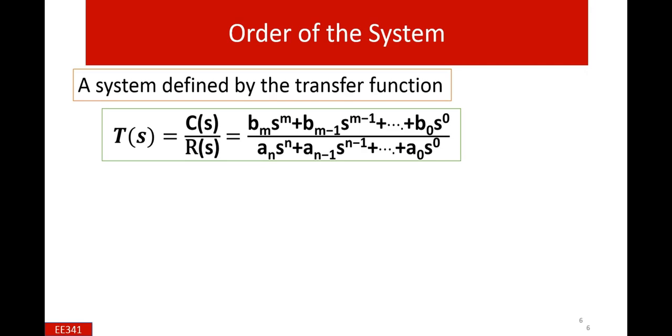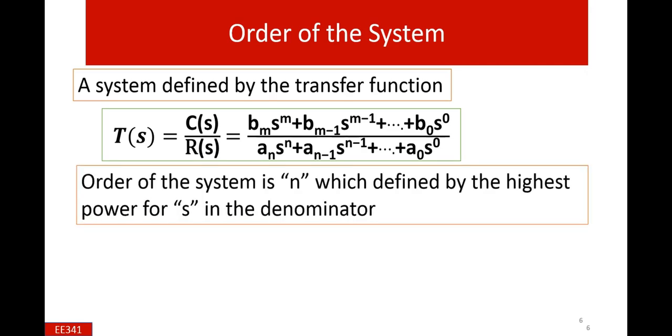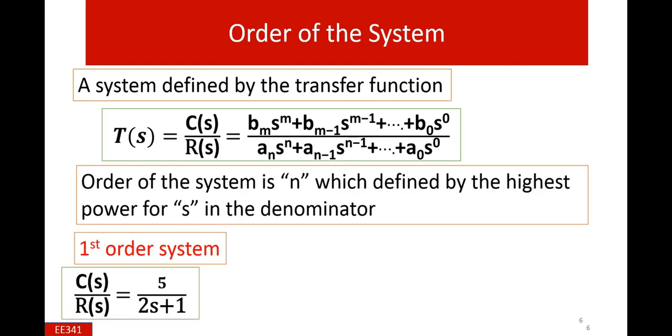If we want to find the order of the system, then the highest order in the polynomial is n. So in this case, the order of the system is n. And for example, if we take a transfer function like 5 over 2s plus 1, then in this case, what is the order of the system?